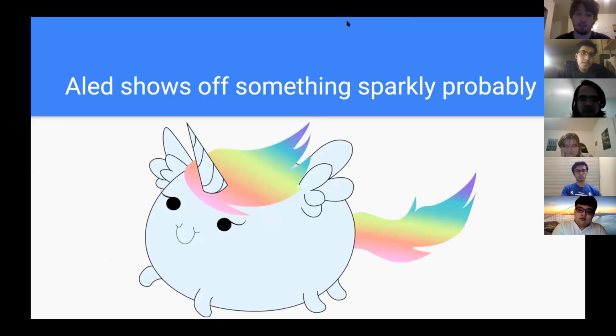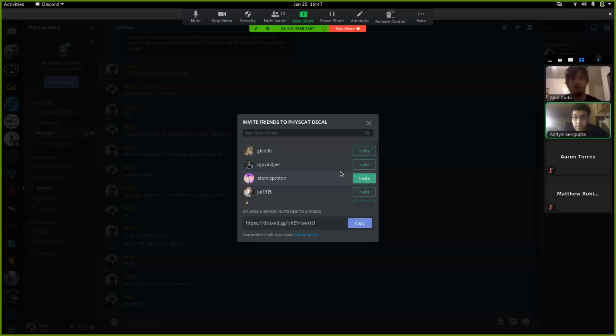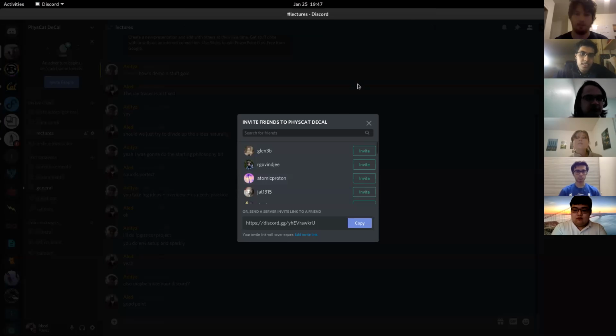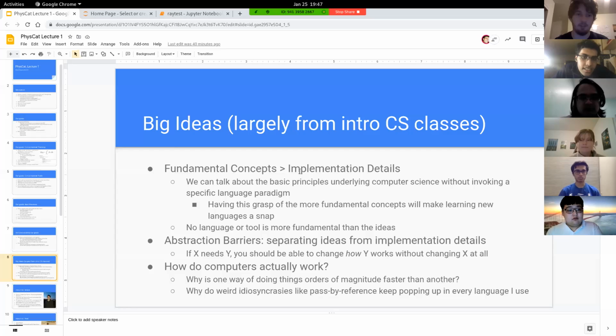And now, this is where I show something sparkly to hook you into this course. I'm going to try to share my screen, and Zoom is probably going to yell at me because it usually does. Is this sharing? We're seeing Discord. It's sharing everything. Is it sharing my Chrome window now?